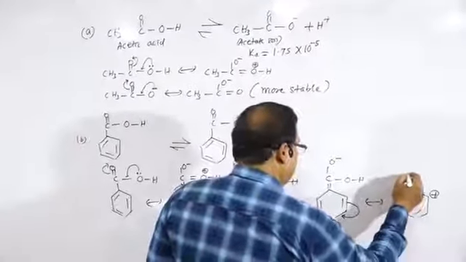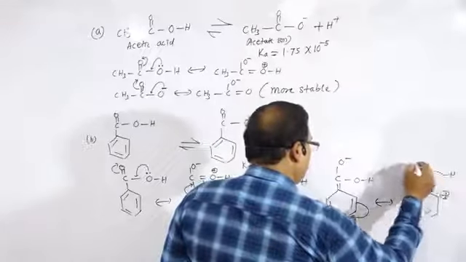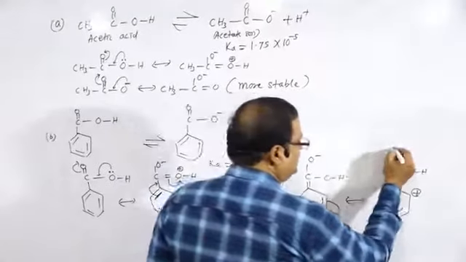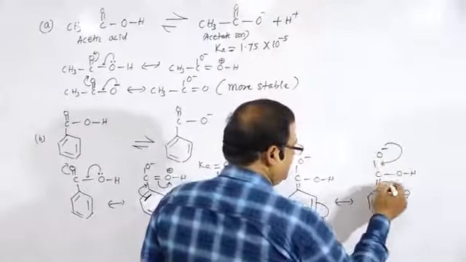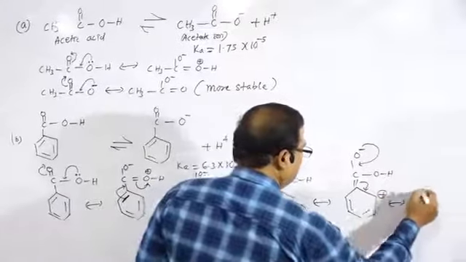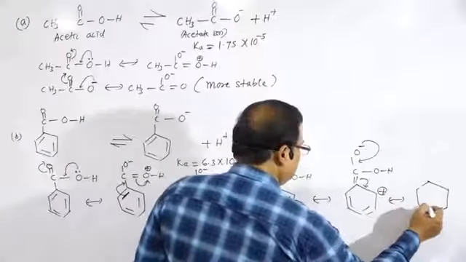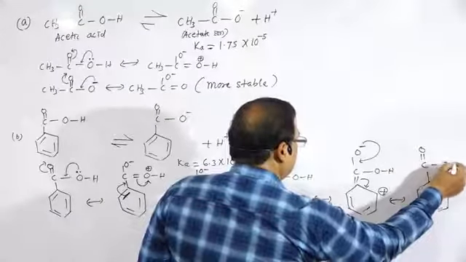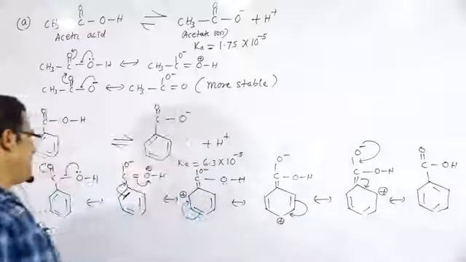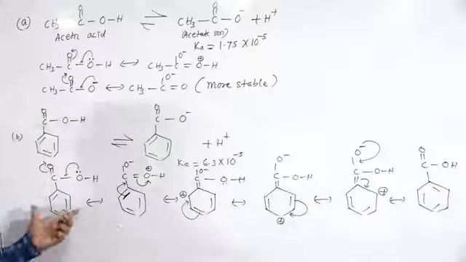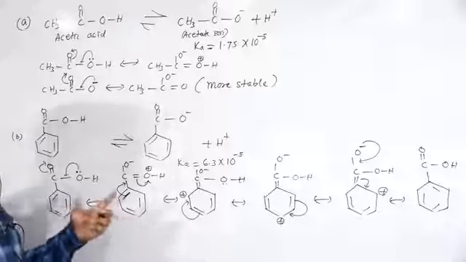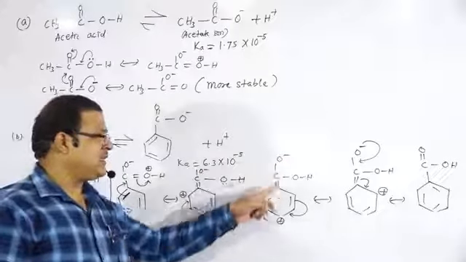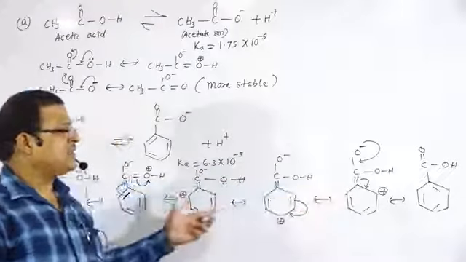Mark in this case the charge separation, plus and minus, minus plus, minus plus. So there is the formation of 6 resonating structures in case of benzoic acid, and in all these cases there is charge separation, plus, minus, minus plus, minus plus, minus plus. So there is charge separation.